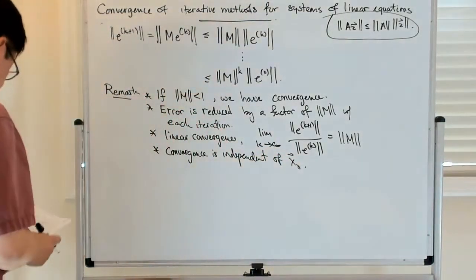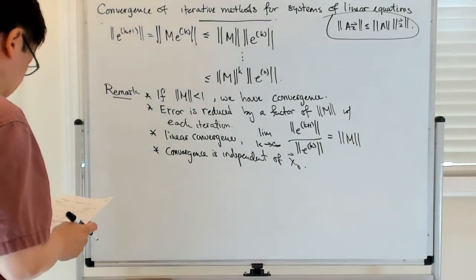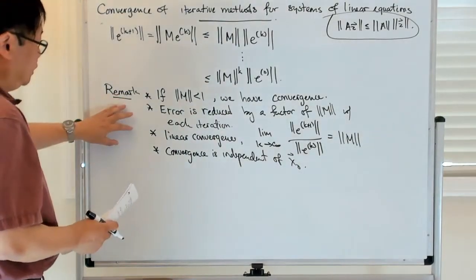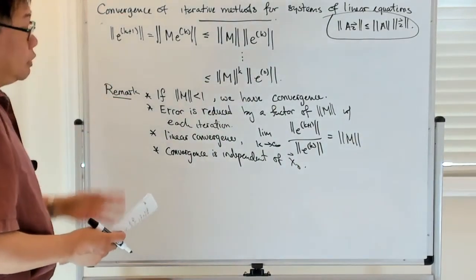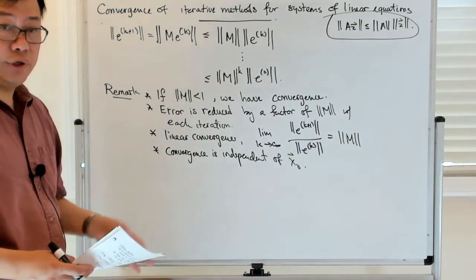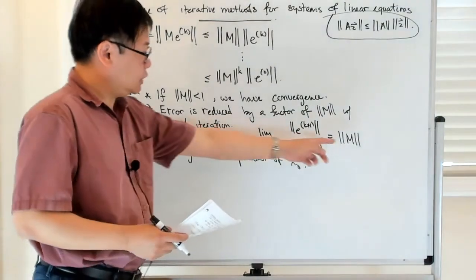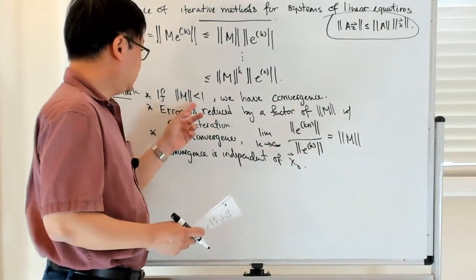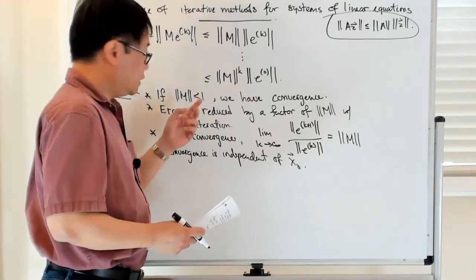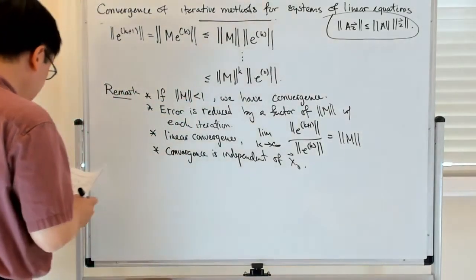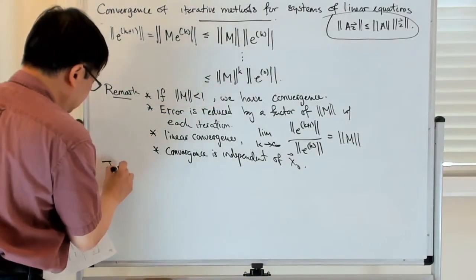Okay. So let's look back now at Jacobi iteration and Gauss-Seidel iteration and see under what conditions the norm of M is less than 1. Let's look at Jacobi.